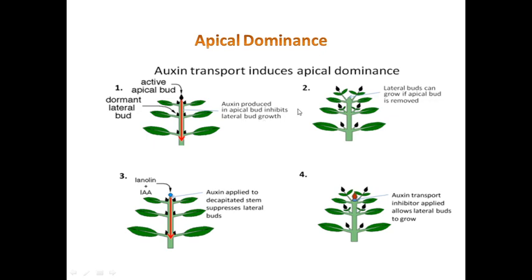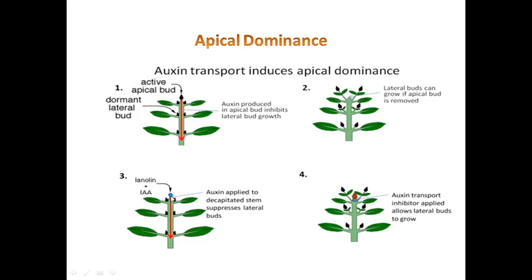Fine. So how was it experimentally proved? When the apical bud was cut, the lateral buds showed growth. When the plant was decapitated, or the apical bud was removed, the lateral buds showed growth. So it was proved experimentally like this.